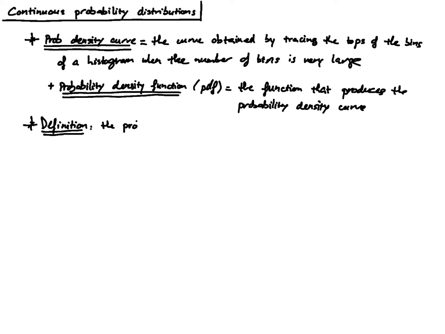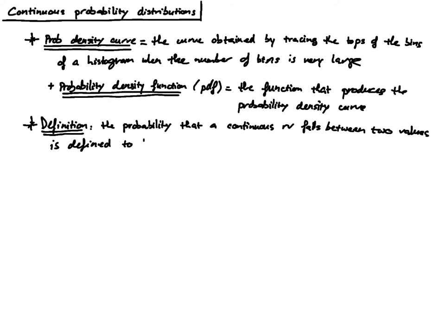The probability that a continuous random variable falls between two values is defined to be the area under the probability density curve between those two values.